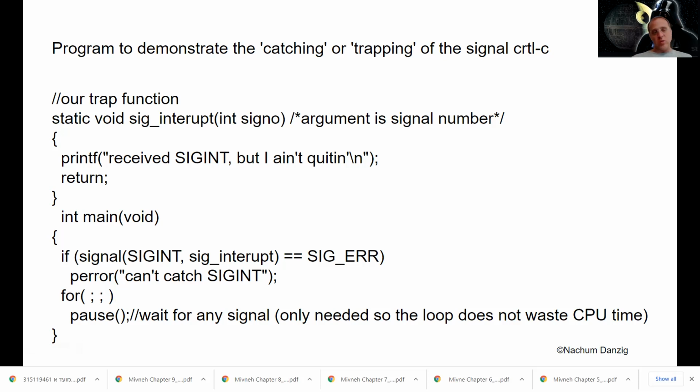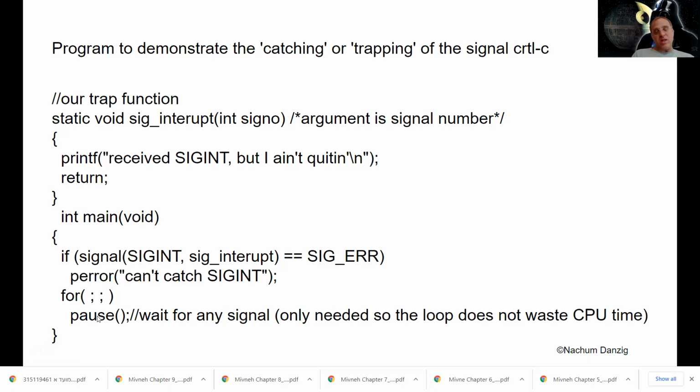In other words, if I would do just a loop with nothing in it, an infinite loop, then it would use up the CPU, running constantly doing that loop. And that was a waste of energy. So I do a pause here so that it loops and then immediately waits. It'll keep waiting there. It won't loop again until I get the signal.